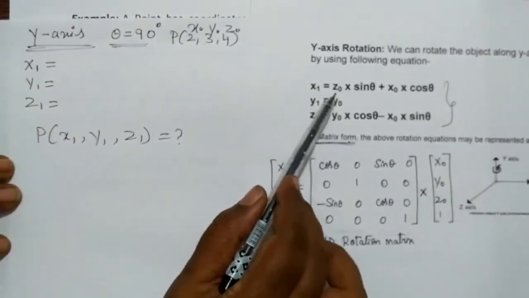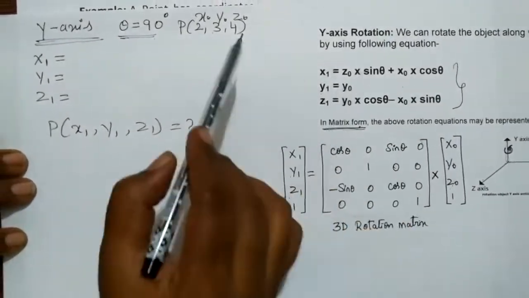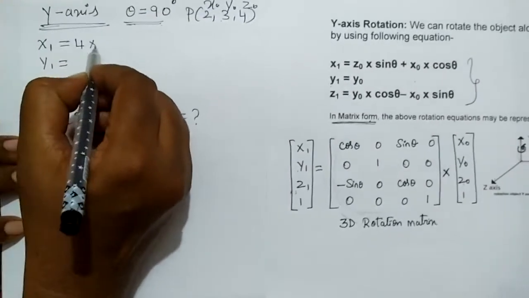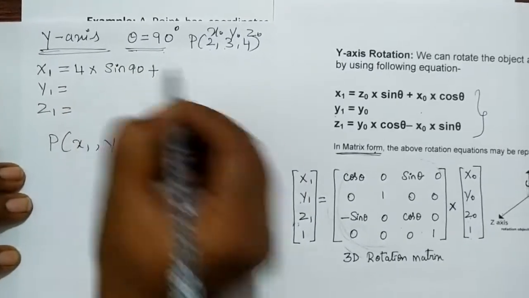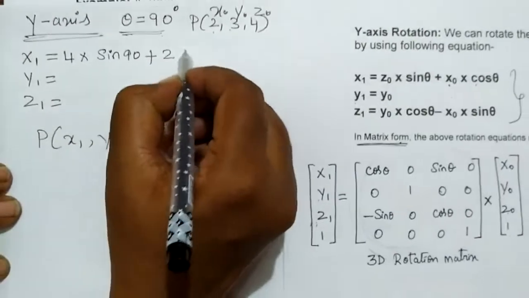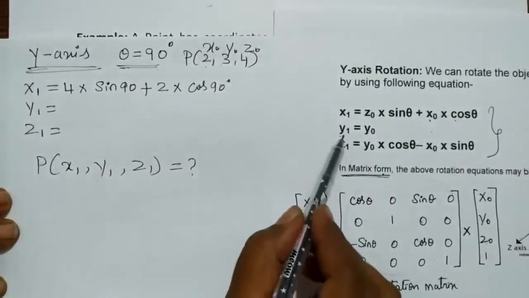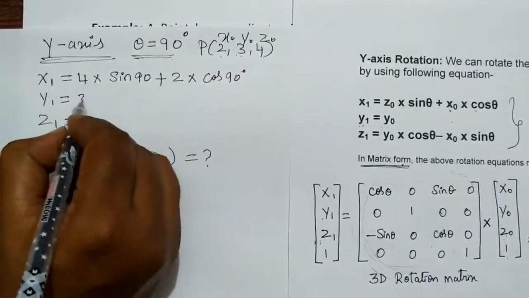x1 will be z0 into sine theta plus x0 into cos theta. So in our case, z0 is 4, so 4 into sine 90 plus x0 into cos theta, where x0 is 2, so 2 into cos 90. And y1 will be y0, which is 3.